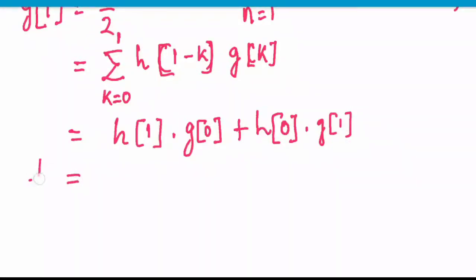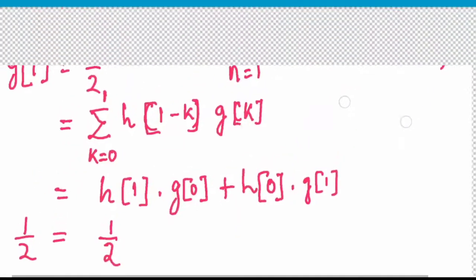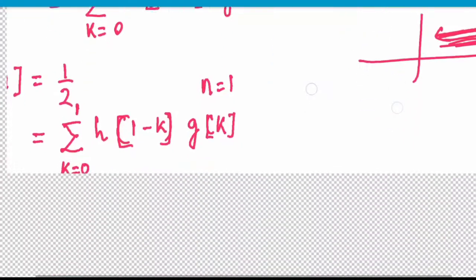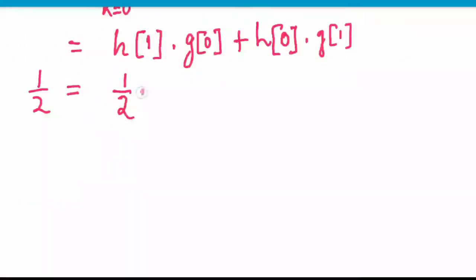We know h of 1 is half, because h of n is half to the power n, and for n equal to 1 this is half. So half into g of 0, whose value we don't know, plus h of 0, which is 1, into g of 1.